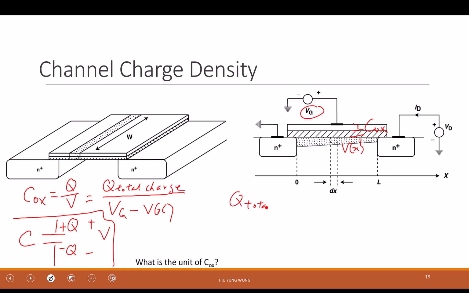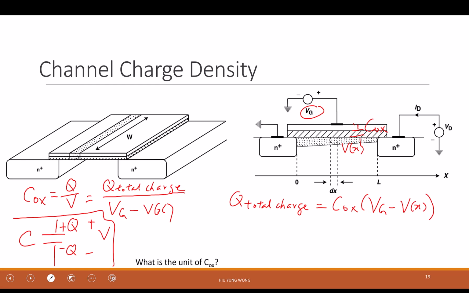Total charge equals Cox times Vg minus Vx. Agree? It's just swapping them. But this is common sense, right? If you understood at the beginning, you probably wrote this equation already. Yeah, capacitance times the potential difference is going to be the total charge.